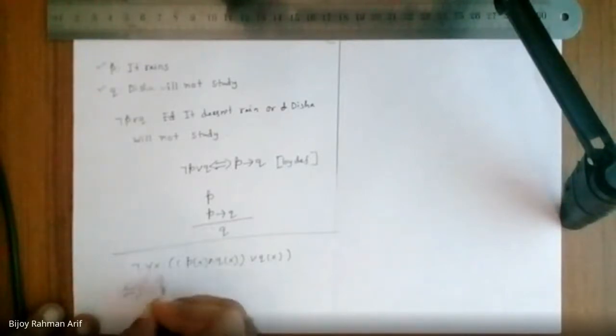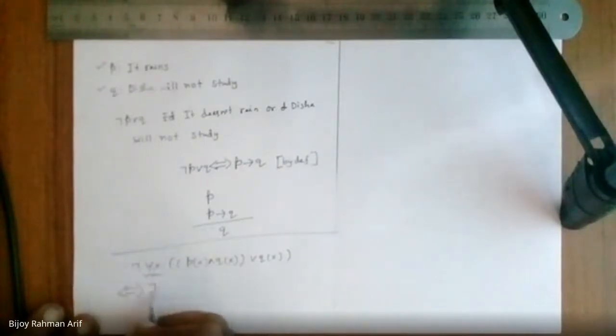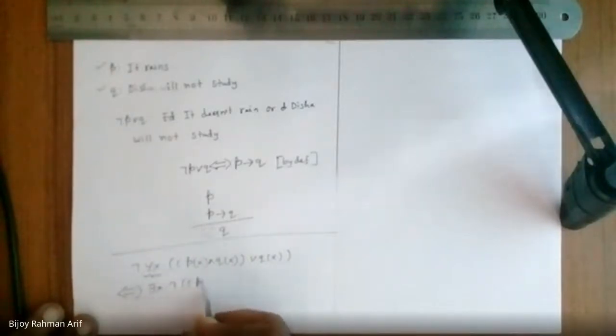So if you take not inside, all x would become some x. And not P(x).